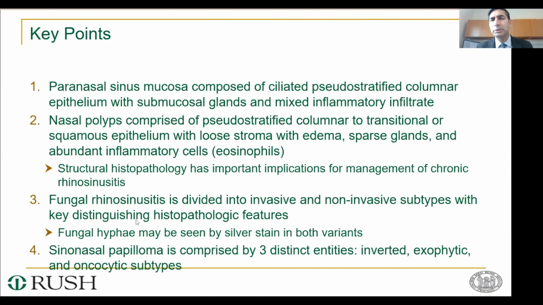So I'll summarize with some key points that I was hopefully able to relay to you today. And these are the key points. So paranasal sinus mucosa is composed of a ciliated pseudostratified columnar epithelium with submucosa that's comprised of seromucinous glands and a mixed inflammatory infiltrate.